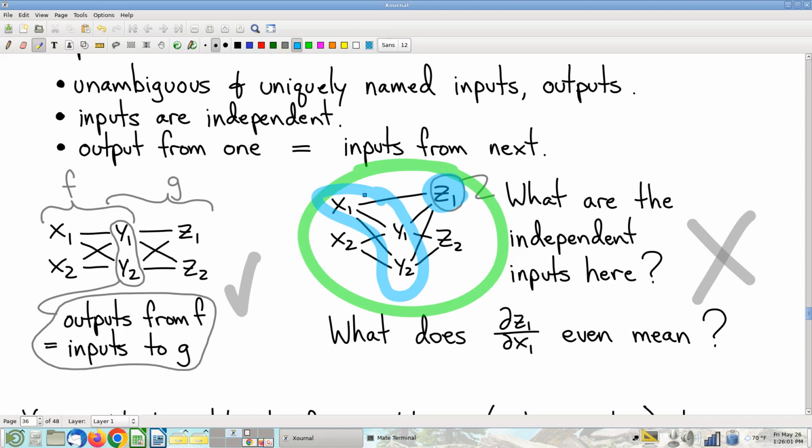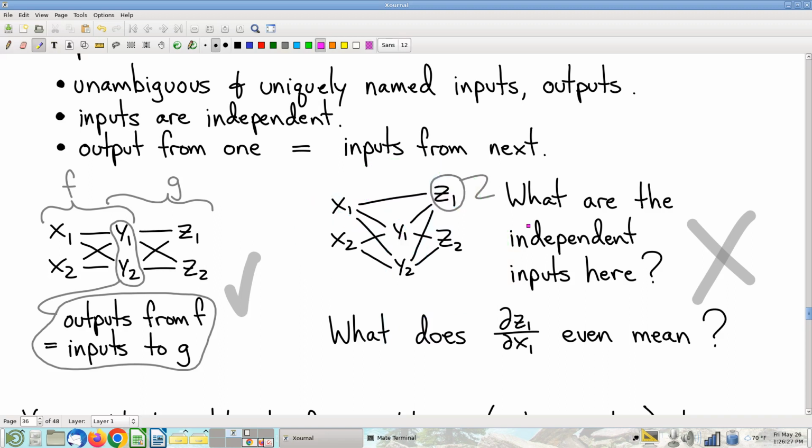But they aren't even independent. This is an awkward problem because Y1 is a function of, among other things, X1. So X1 and Y1, these variables here are not independent. This is a problem. The chain rule, as we have it written previously, does not address this.